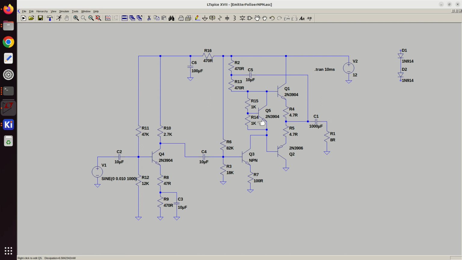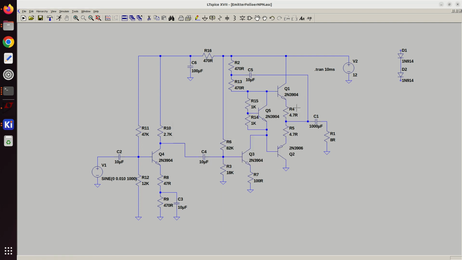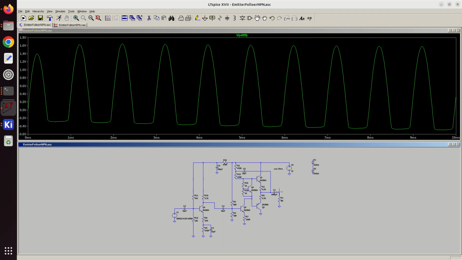It just means you have that's NPN. Let me just, I don't think it's going to make any difference, but just to be sure, I forgot to change him. So let's simulate that and just have a look at the output.